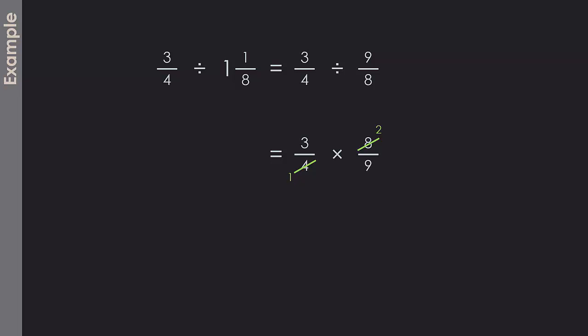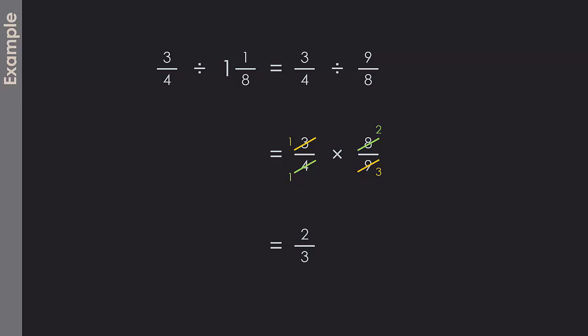And now let's see 3 and 9. 3 and 9 are divisible by 3. 3 divided by 3 equals 1, and 9 divided by 3 equals 3. So 1 times 2 over 1 times 3 equals 2 over 3. So we get the answer 2 over 3.